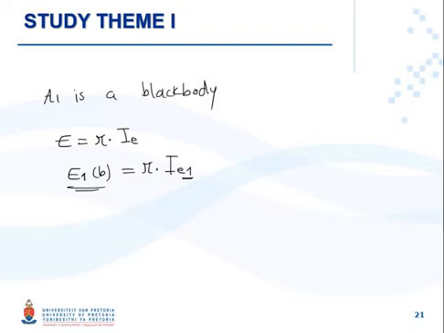You remember that it is sigma T1 to the power of 4 equals pi I_e1. Why? This is the Stefan-Boltzmann law, because A1 is a black body.